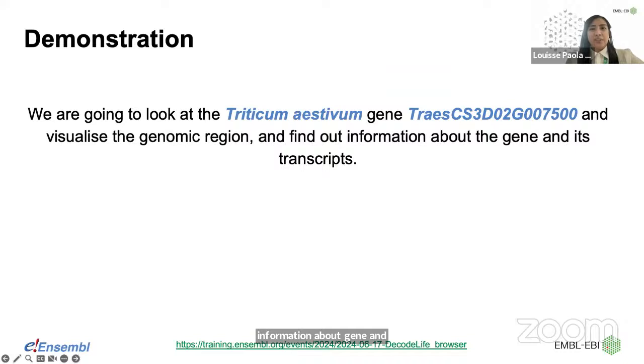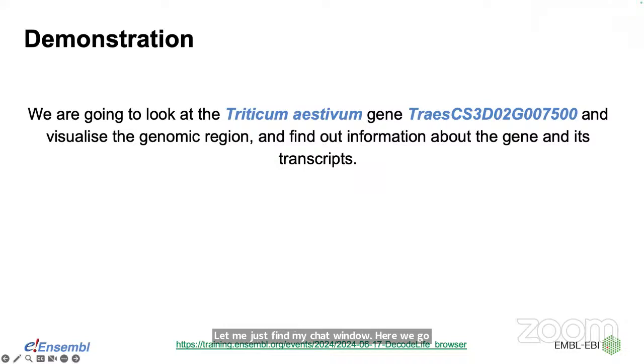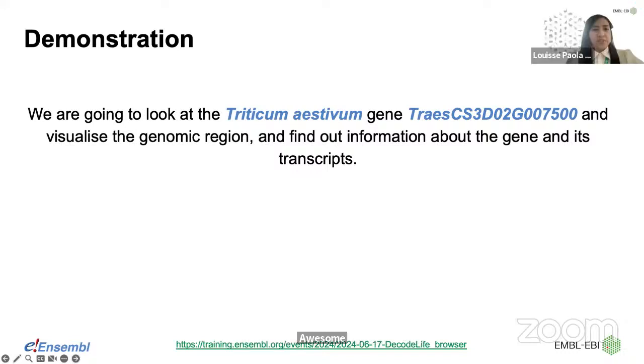If you would like to follow along, I will share the gene name with you in the chat. Let me just find my chat window. Here we go. So this is the gene that we are searching for.